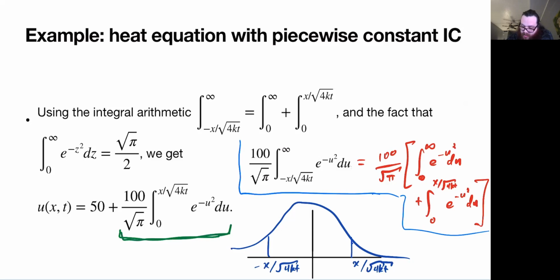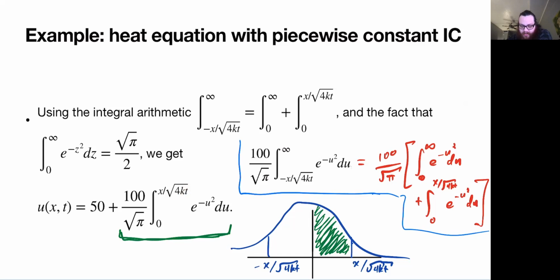So this thing right here, you're computing kind of this total area under this curve, right? So what can we reason about this? Well, fix an x. As t goes to infinity, x over square root of 4kt is going to go to 0.